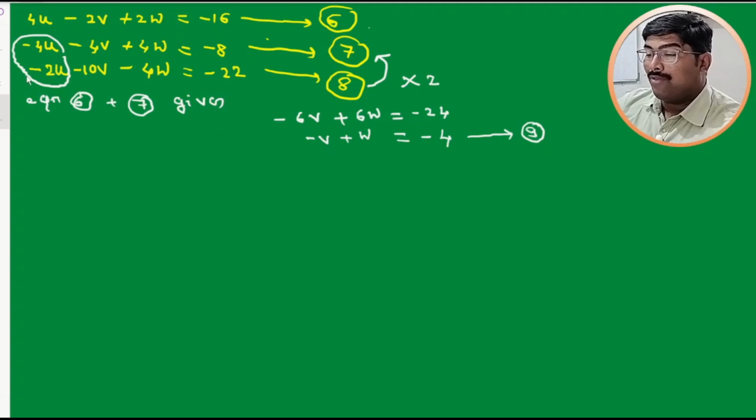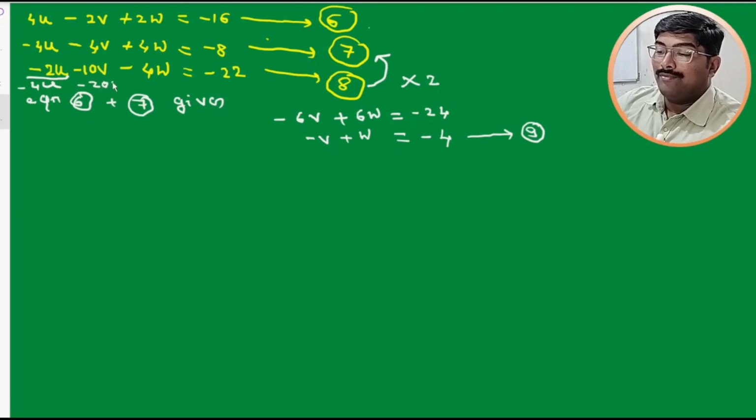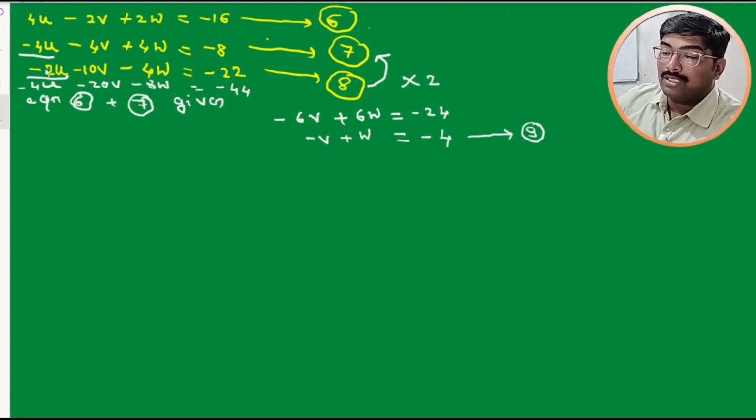If you multiply equation 8 by 2, you will get minus 4u and then minus 20v minus 8w, equal to minus 44. Now you can see in equation 7 also we have minus 4u, and in equation 8 also minus 4u. So on subtracting, 4u cancels.